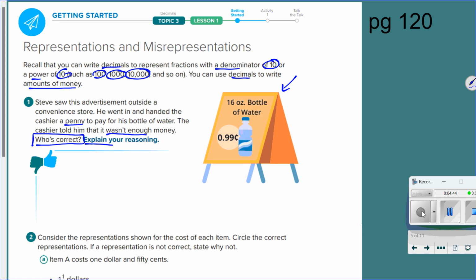Because in a store, if there was a sign like this, it would be equal to 99 pennies or 99 cents. Because if it was 1.00. But what symbol did they use on their sign?